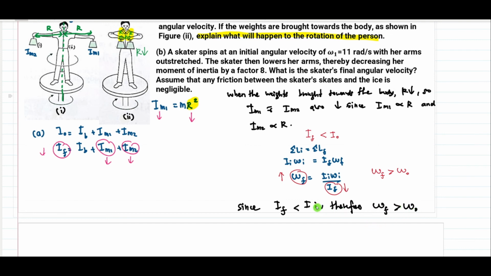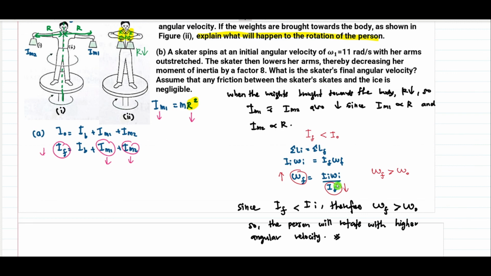You can use I naught or just I, and omega naught or omega I, either is fine. So the person will rotate with higher angular velocity, since omega final is bigger than omega initial. So this is the answer for question A.